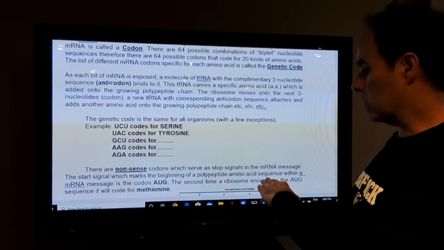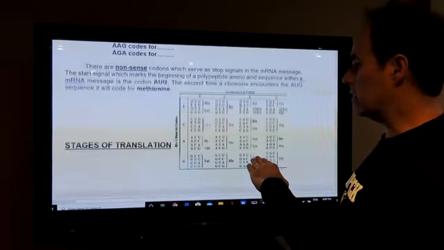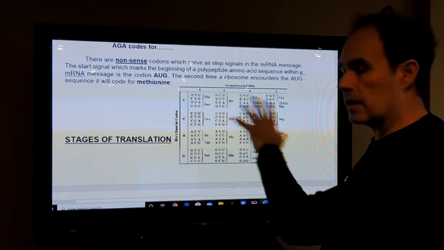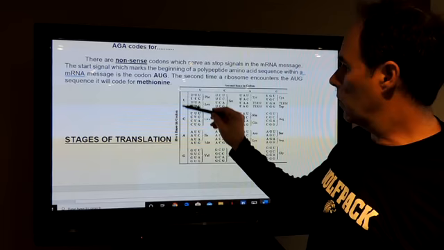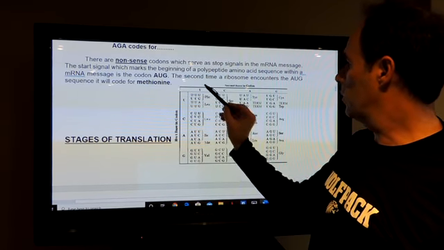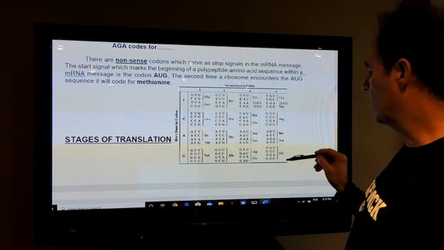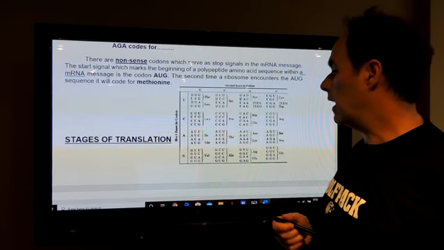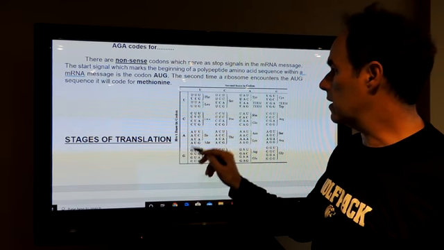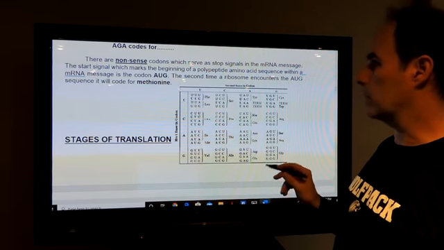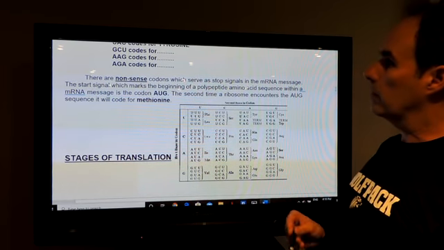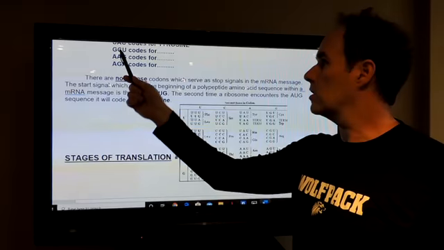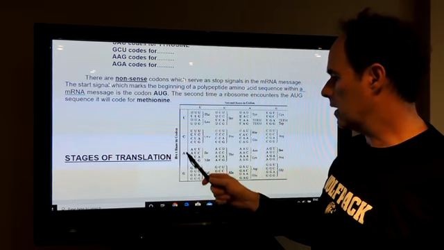So further along in your note right here, you can see a nice simplified version of it. We've got one side, we've got a top side, and then we have a third side. And what you do is you read the first letter, second letter, third letter. So let's take a look at those mystery ones. GCU.